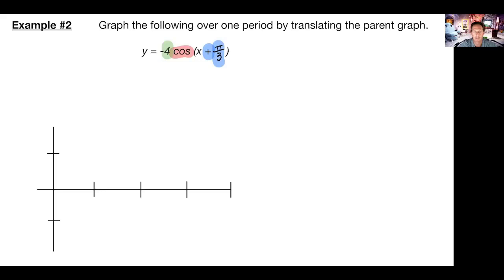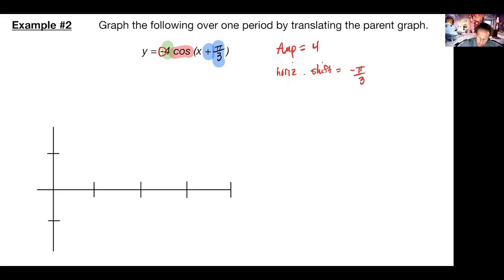Instead of it being a normal 1, we will have 4. And notice there's one other piece that we really got to pay attention to, and that is the negative as well. So my amplitude would be 4. My phase or horizontal shift would be left pi over 3. So the way that we denote left is by negative.